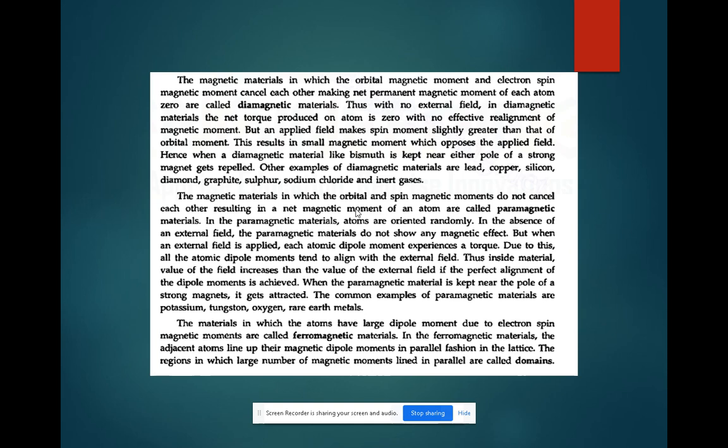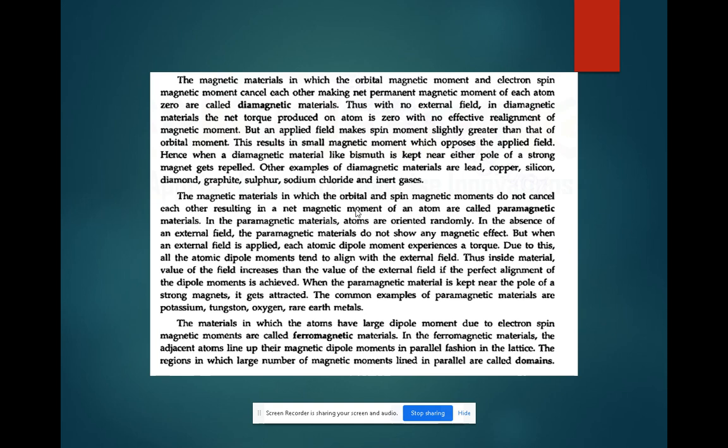Here, if you apply a field, it will produce some dipole moment, which will align with the external field, so that the material will attract strongly. Here it will be attracting, but in the diamagnet it will not attract, it will repel.